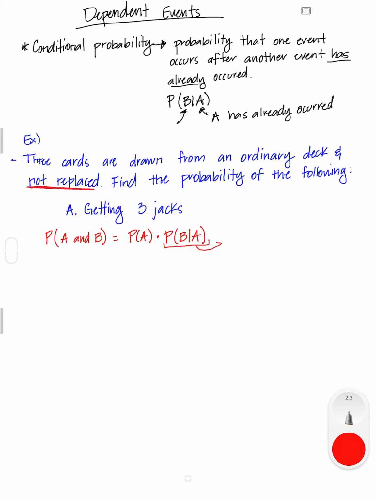So again, this is the conditional probability. So we're saying that B is happening when A has already happened, right?